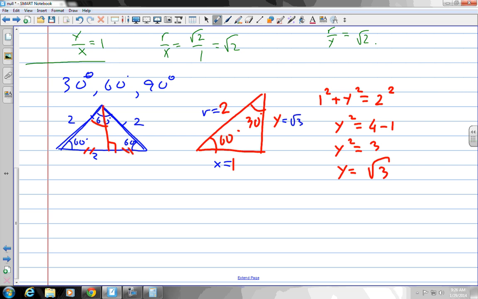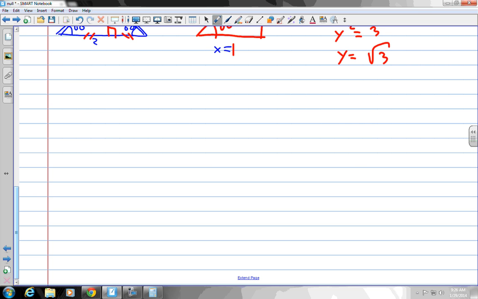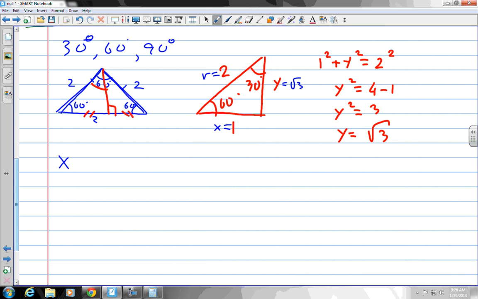I can say that x over y equals 1 over the square root of 3. You have to rationalize that, so multiply by root 3 over root 3. So that's square root of 3 over 3.